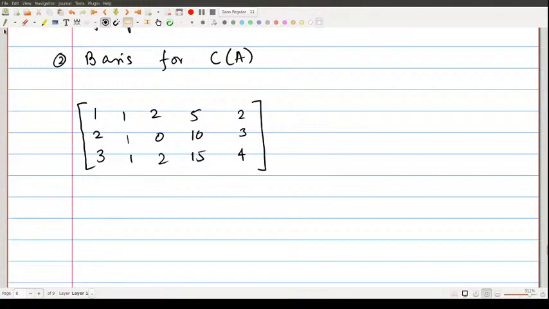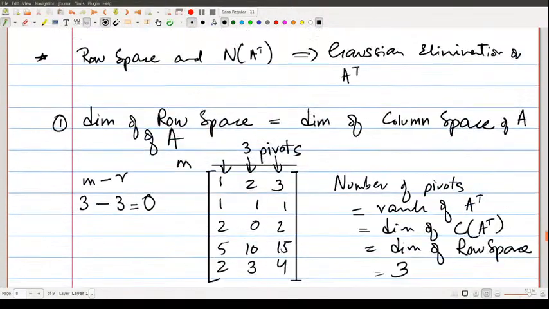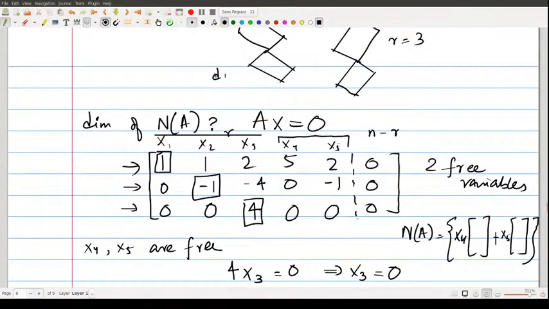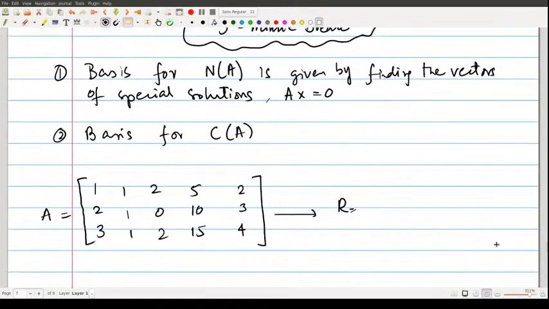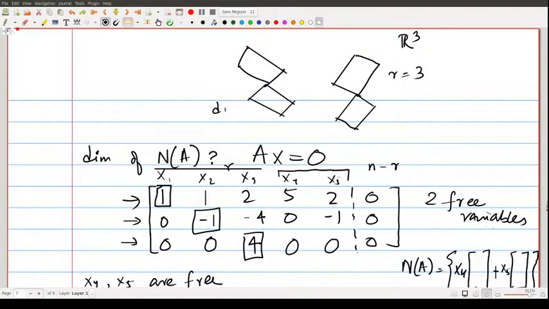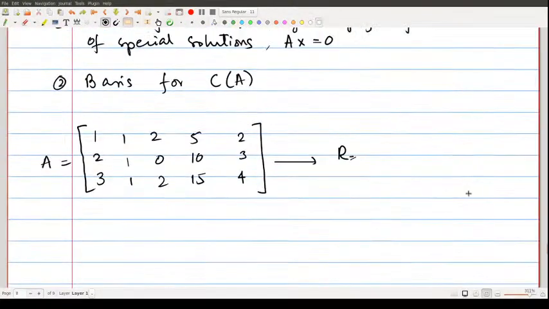This was matrix A. We transform this matrix into matrix R, the reduced echelon form, when we do Gaussian elimination on this. So let me grab the matrix that we got, and plug it in here.